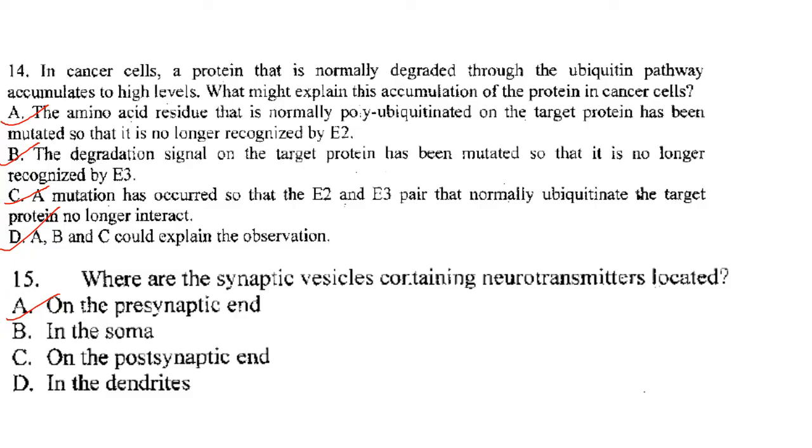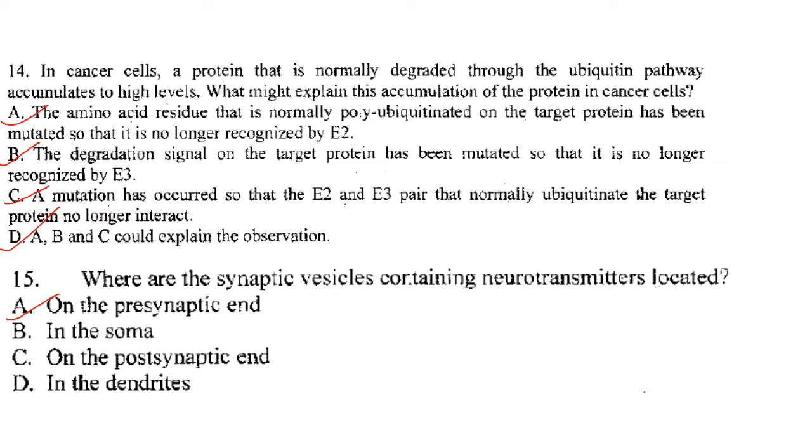Then next one. In cancer cells, a protein that is normally degraded through the ubiquitin pathway accumulates to high level. What might explain this accumulation of the protein in cancer cells? So before reading the options, the addition of ubiquitin to a substrate protein is called ubiquitinylation, and it marks the protein for degradation via the proteasome.